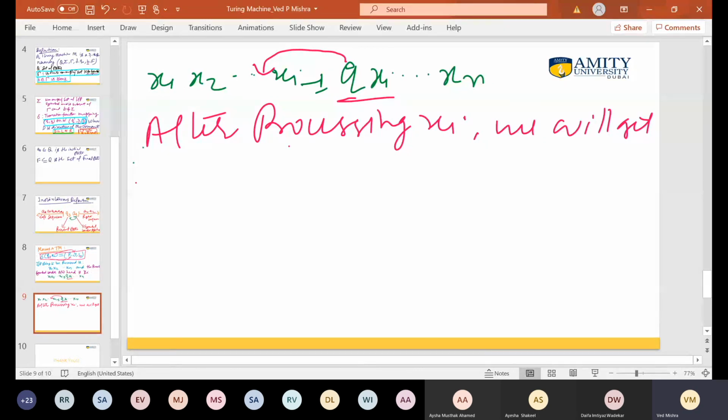Okay, so what can you write now? x1, x2, till xi minus 2, and q is becoming p now.